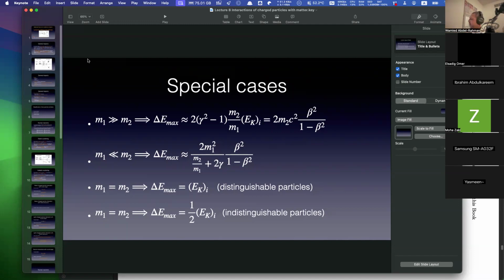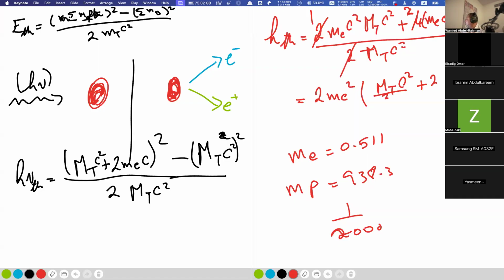Okay, any questions? Still trying to figure out why this formula is wrong.